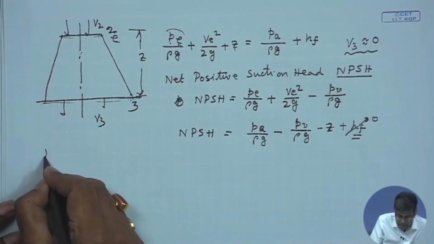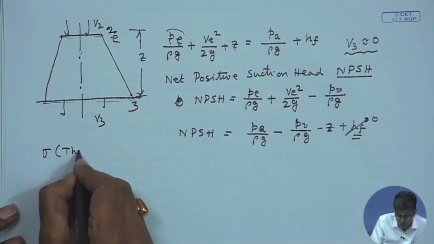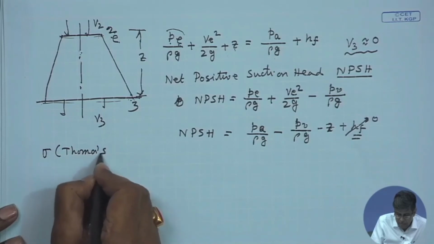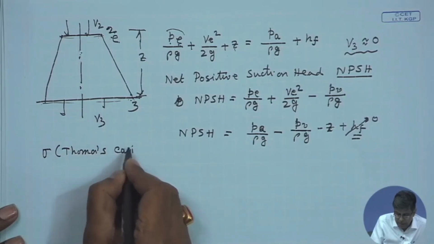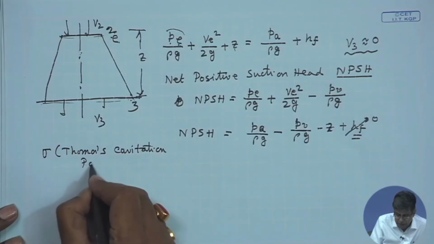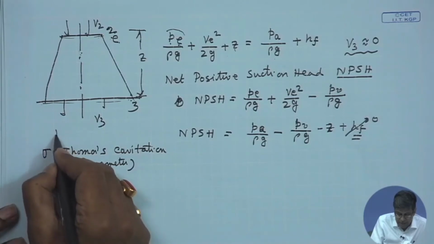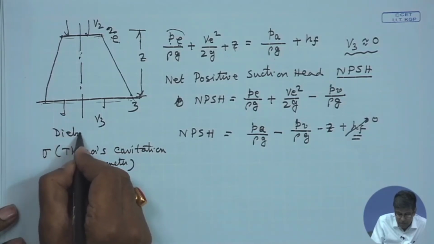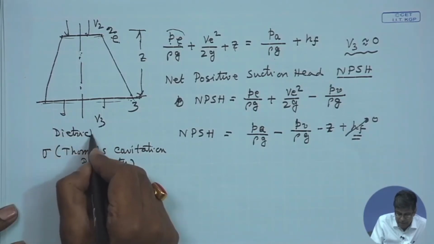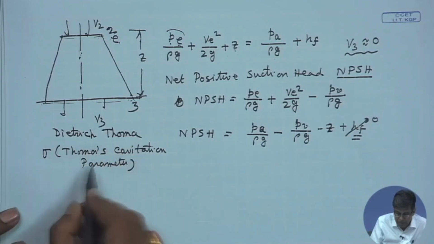Now, here two parameters are defined. One is the Thoma cavitation parameter, named after the German scientist Dietrich Thoma, who defined it.